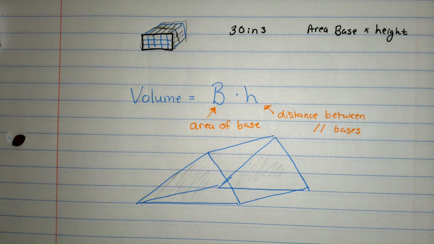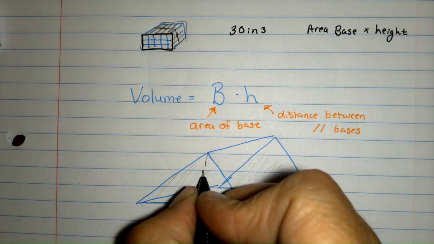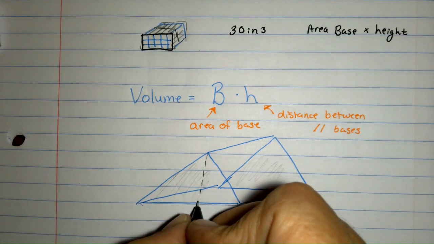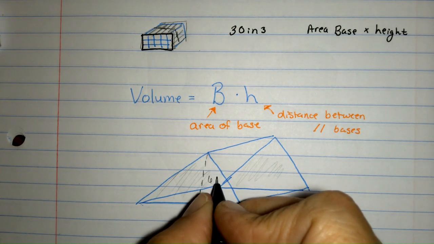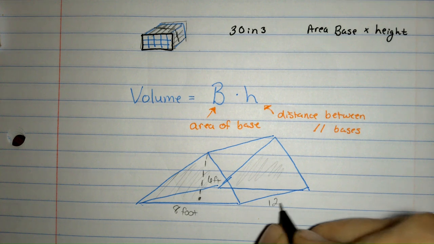Those are our parallel bases, the 2 triangles. You barely fit in it. You had to duck a smidge, and it's 6 foot tall and 8 foot wide, but it is 12 foot long.